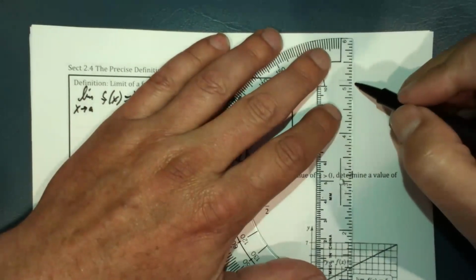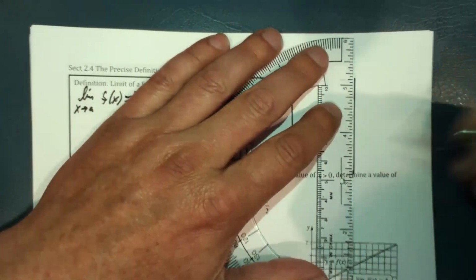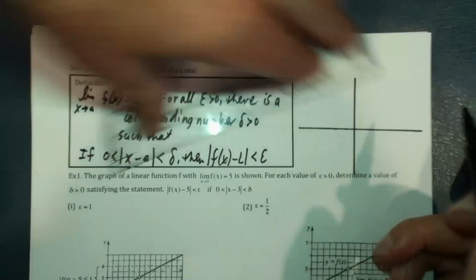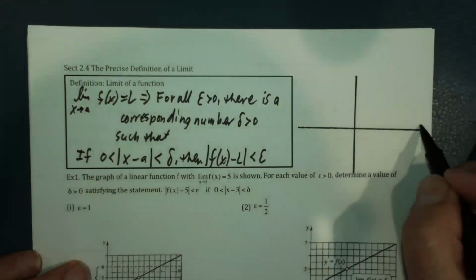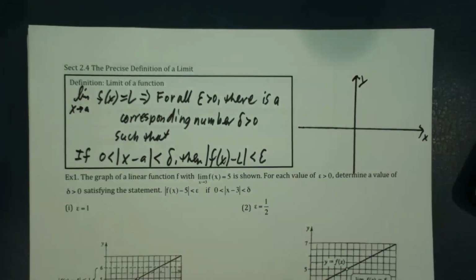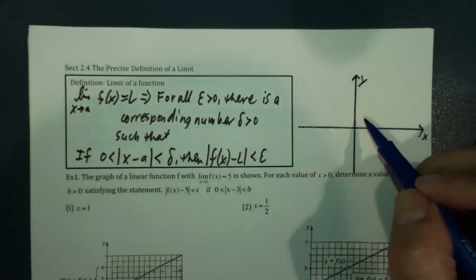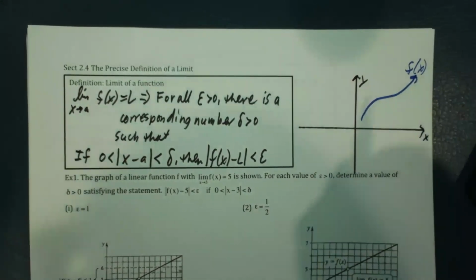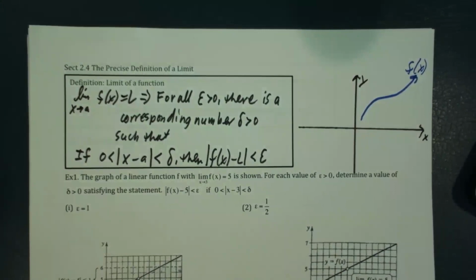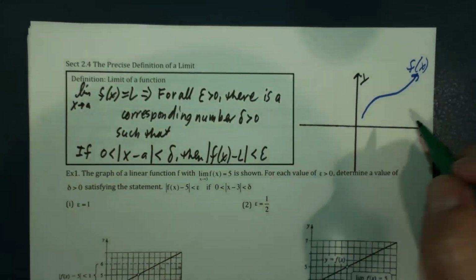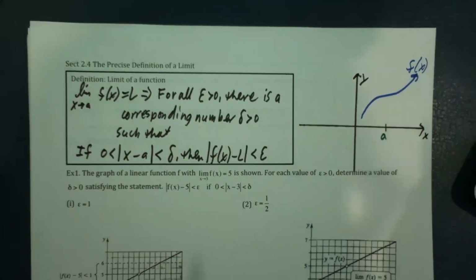Let's say we have a function f of x, something just in general terms. So this is our f of x. So we're going to have a specific x value a. You can see specific x value. We'll put that right here, a.